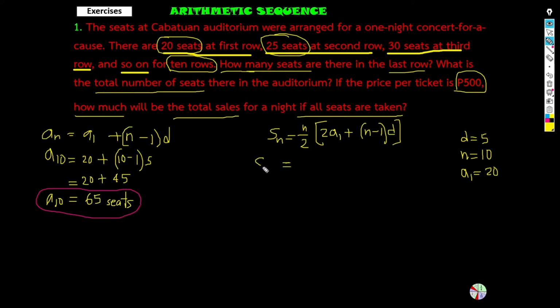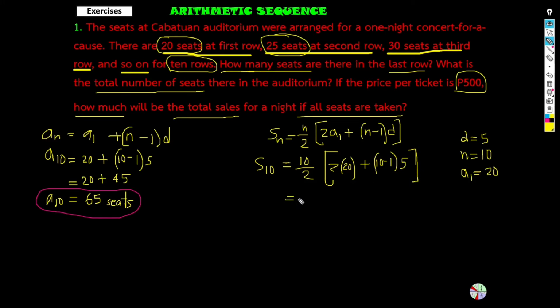This will be S sub 10, the total number of seats for 10 rows. n is 10 over 2 multiplied by 2 times a sub 1, which is equals to 20, plus n minus 1, which is equals to 10 minus 1, times d, which is equals to 5, close quantity.